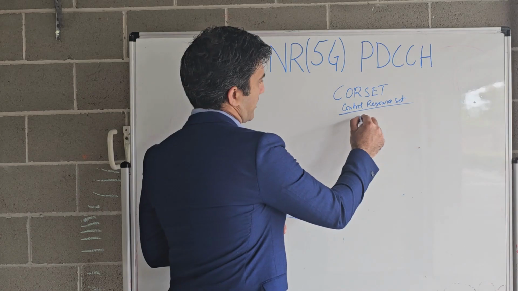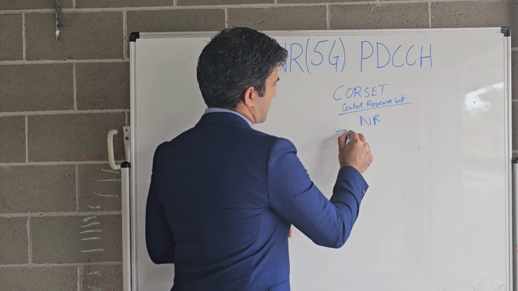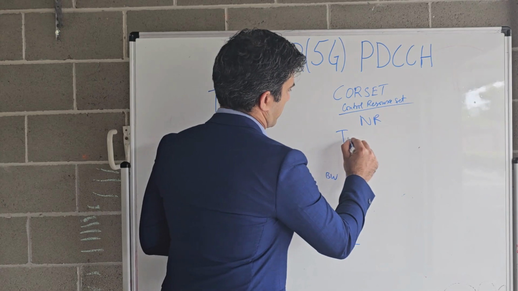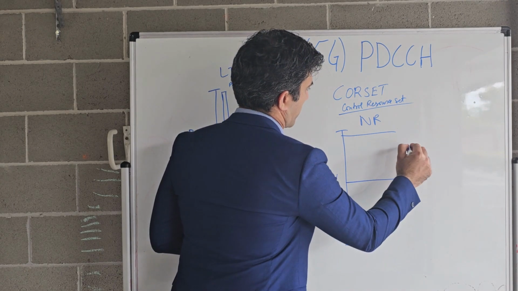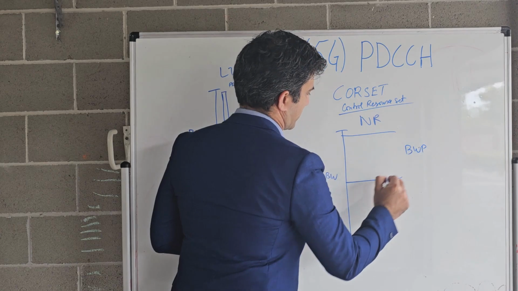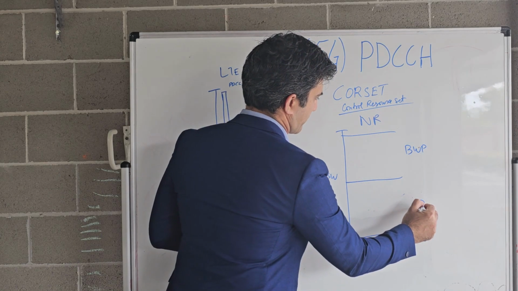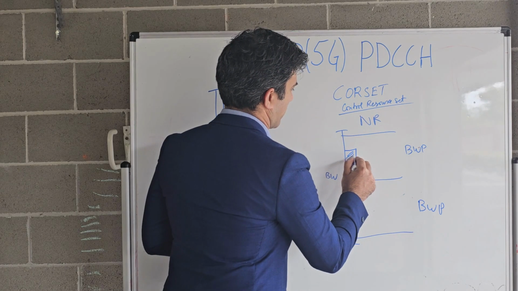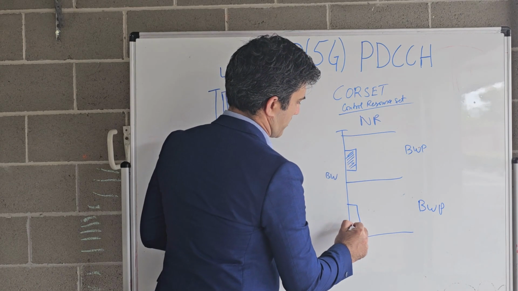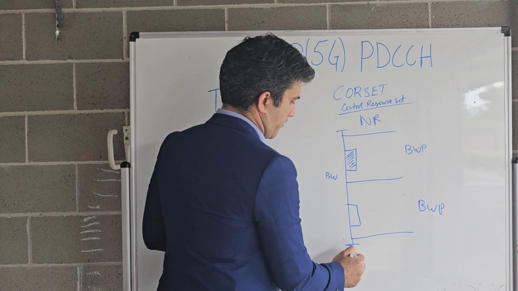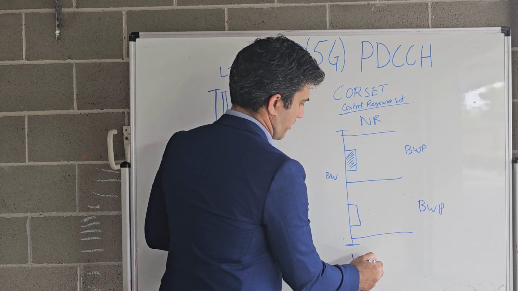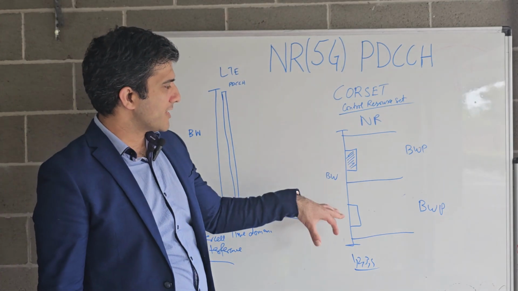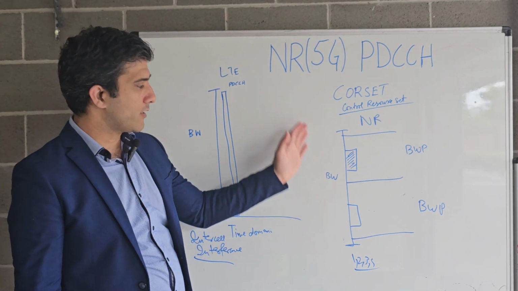If you look at the NR side, this is your whole channel bandwidth. This is your bandwidth part, we will come to that later. Your CORESET is somewhere here. It can be 1, 2, 3, or 4 symbols, but your CORESETs are not across the board.